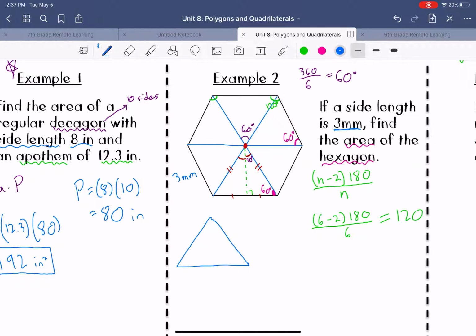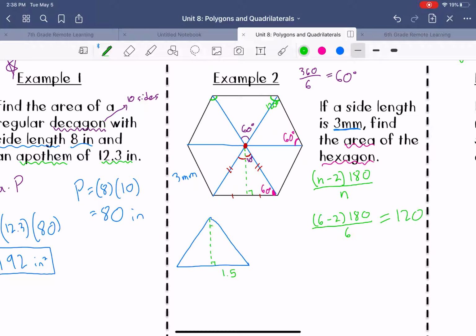Okay, so I'm going to redraw that isosceles triangle formed by my two radii. I'm going to redraw my apothem, because that's important. And then I know the entire side is 3 millimeters, which means half of it right here is going to be 1.5. And I've already figured out my angles.